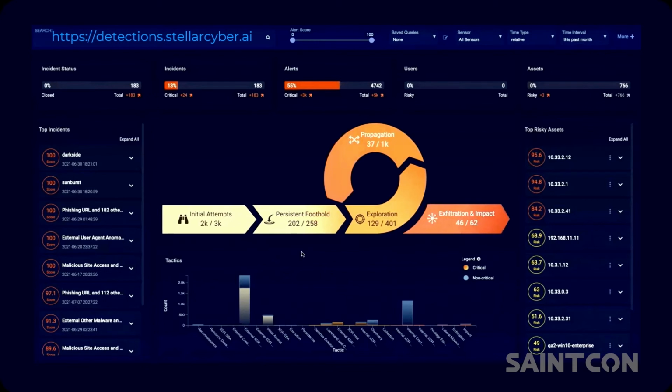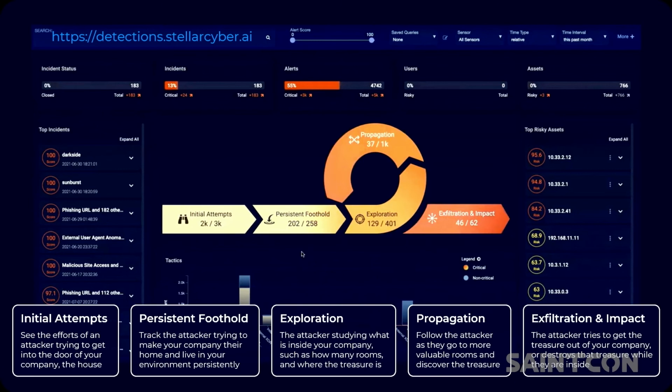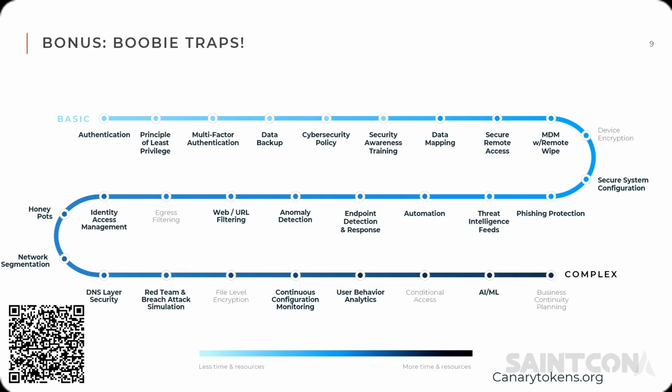Interestingly enough, their list is actually a web app. You can sort through and filter by data source, data type, tactic, technique, kill chain stage, any of those things. I'm going to skip past all that. I explained it.